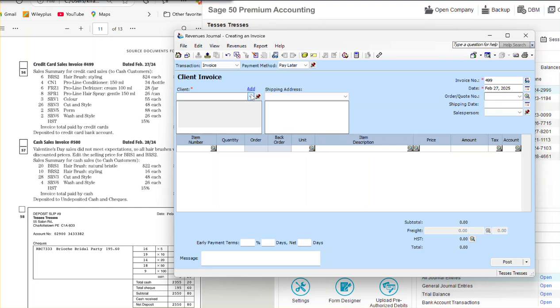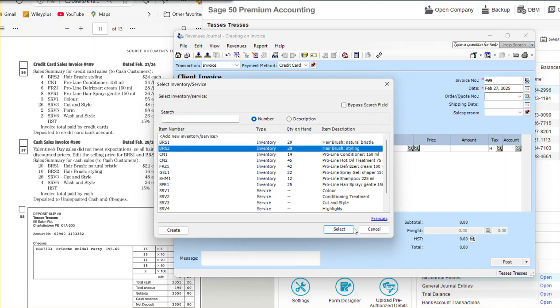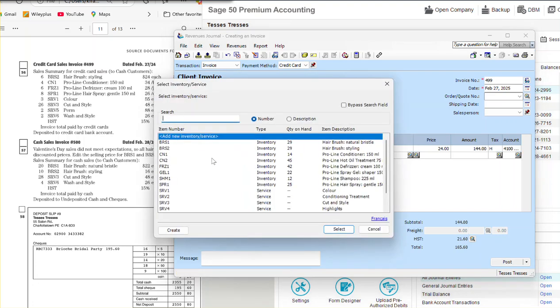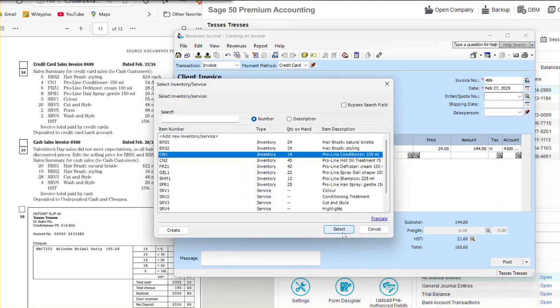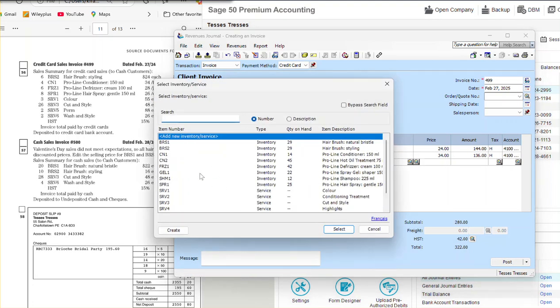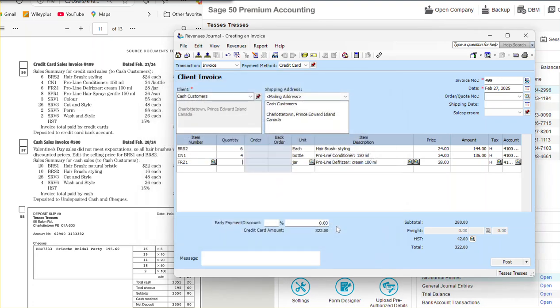I am going to go to cash customer, and it's a credit card sale, and it is BRS2. We select it, and the quantity is 6. I go to my next one, CN1, and that is 4. Go to the next one, it is 6, FRZ1. It is 6.